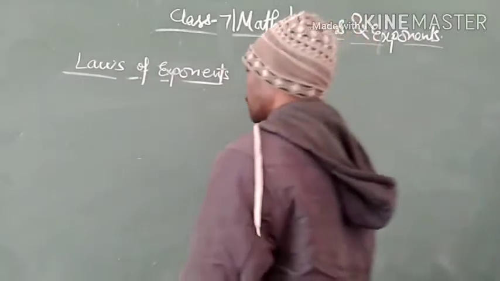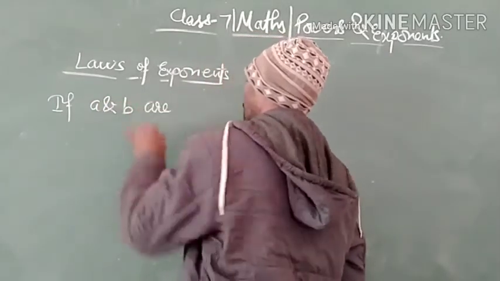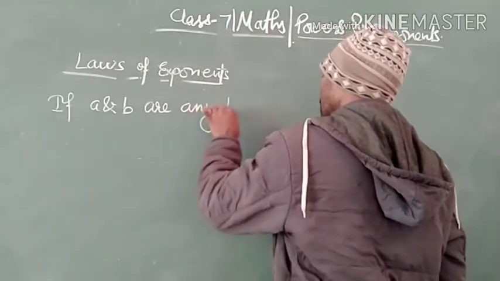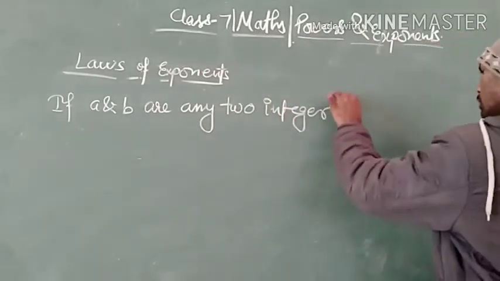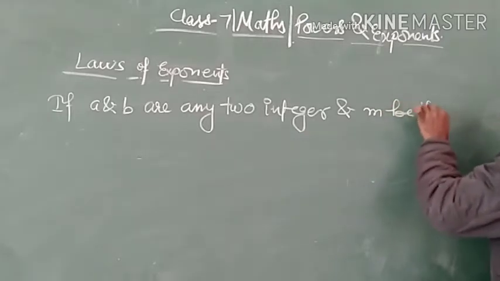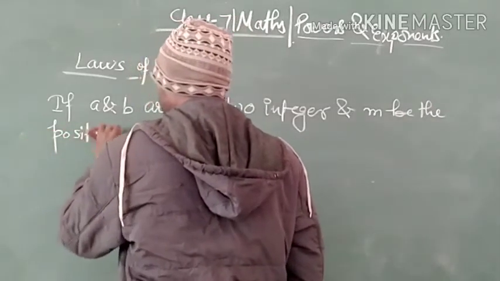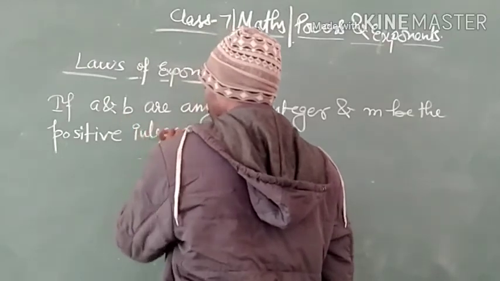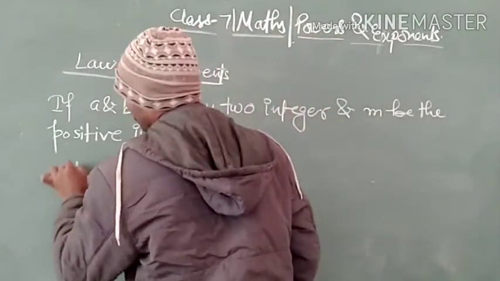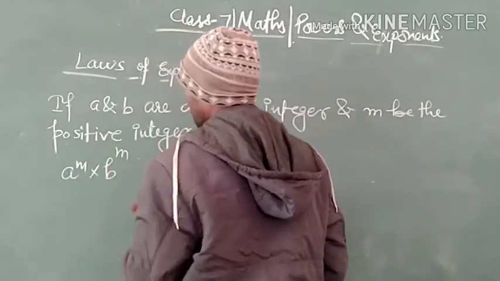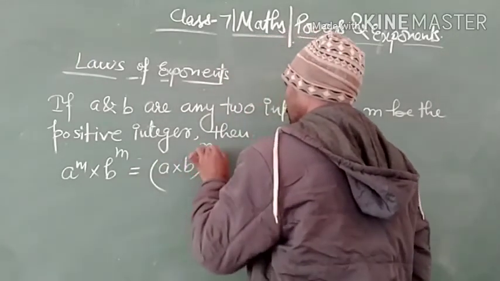So let us see what is the rule number 4. If a and b are any two integers and m is a positive integer, then a to the power m into b to the power m can be written as a into b and whole to the power m.